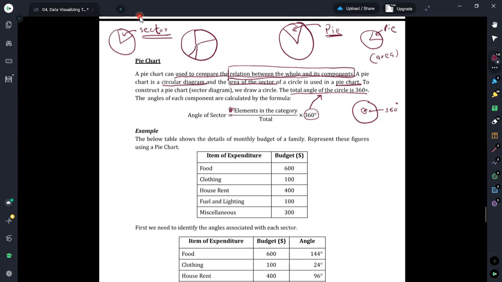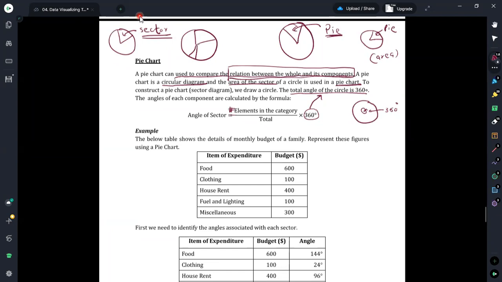Therefore, here it has identified 5 categories, and this is the initial data set that they have given for us. If you just need a comparison, such as which will have the largest value and which will have the smallest value, we can simply use a bar diagram instead of a pie chart.